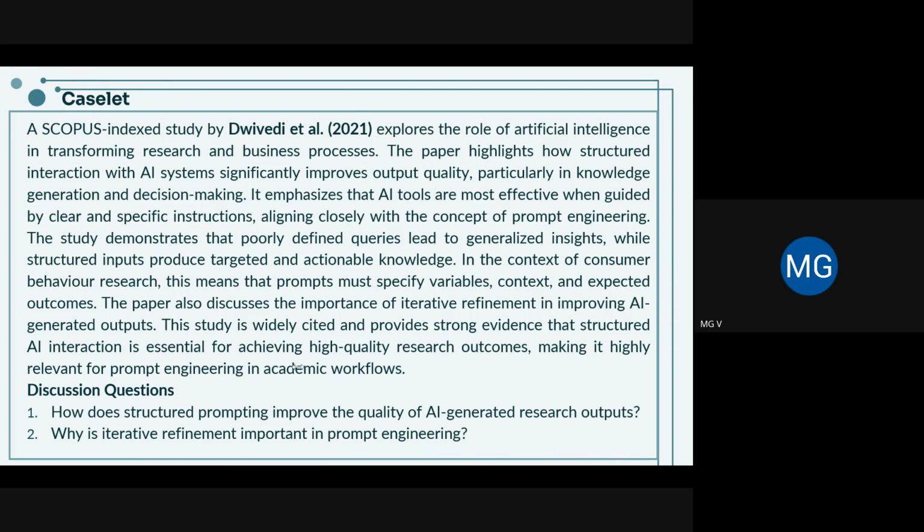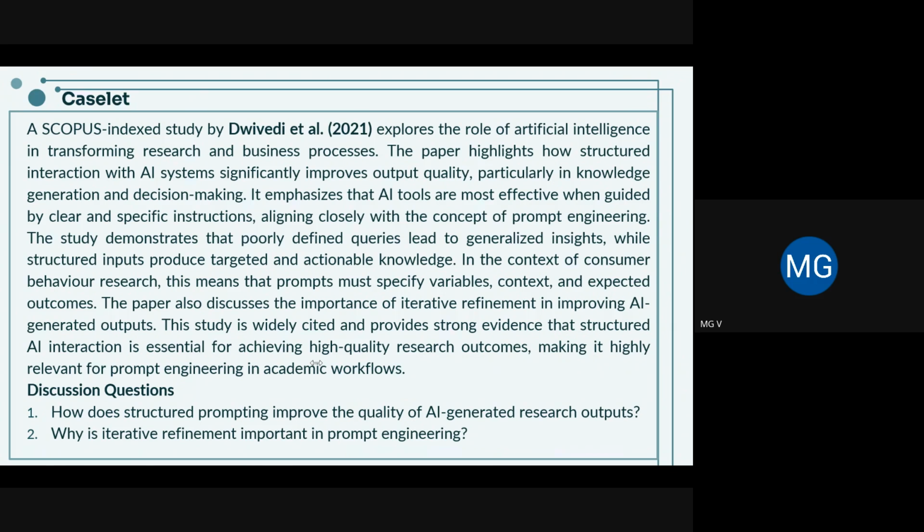Now see, a Scopus-indexed study by Dwivedi et al., 2021, explores the role of AI in transforming research and business processes. The paper highlights how structured interaction with AI systems significantly improves output quality, particularly in knowledge generation and decision making.